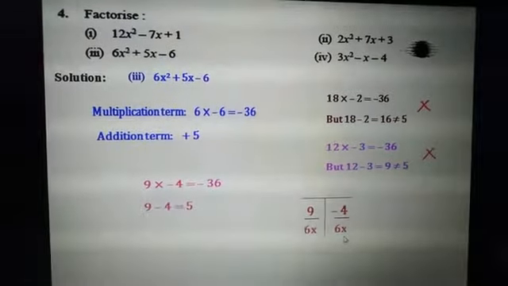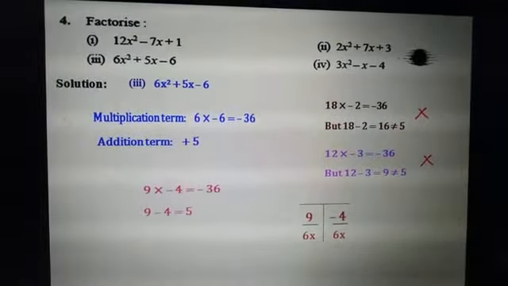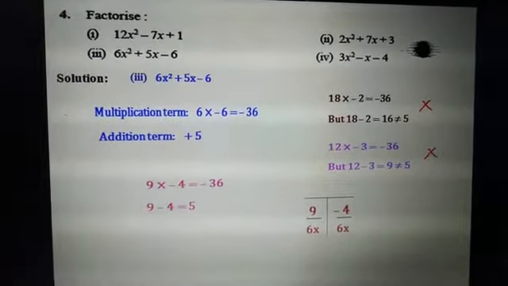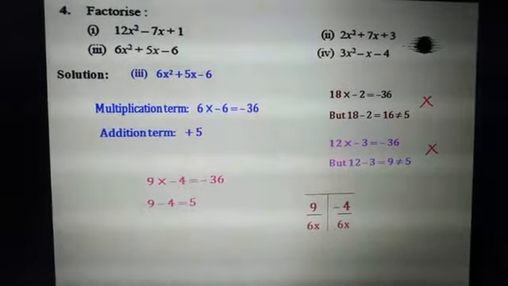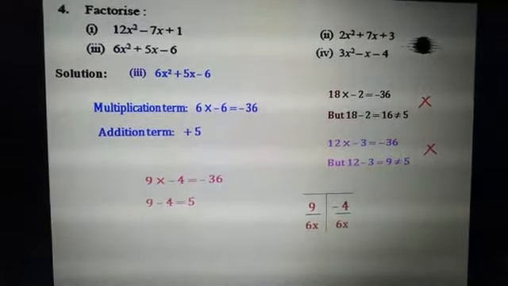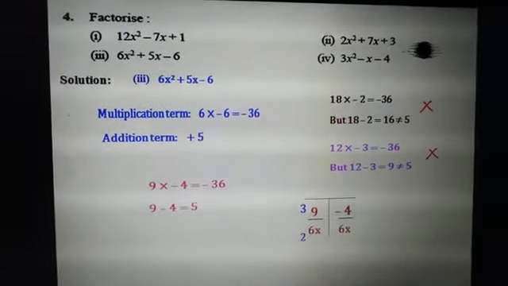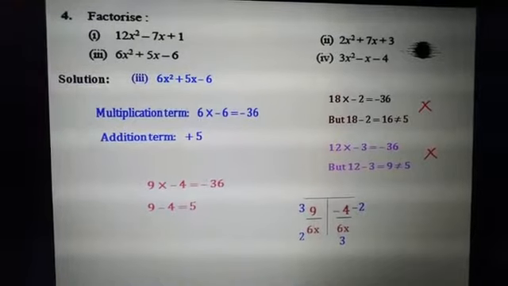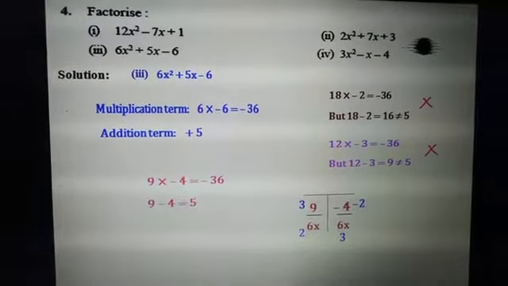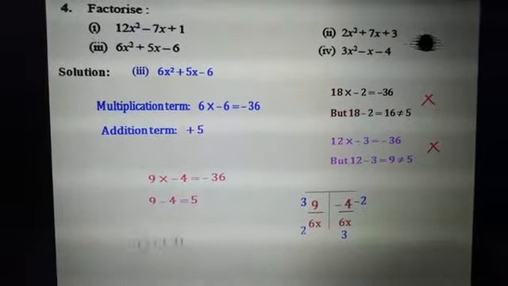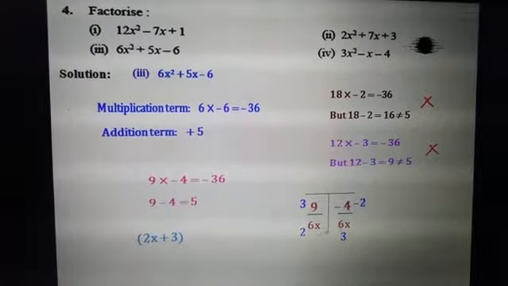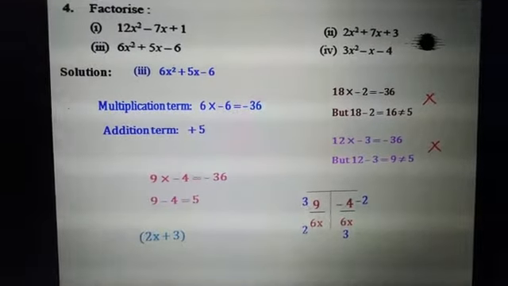So by 6x. Here, if we are able to cancel, you can cancel it and find the simplified form. See here, by using the 3 table I cancelled here. By using the 2 table I cancelled here. So how to write the factors? Here we have 2x, here plus 3.